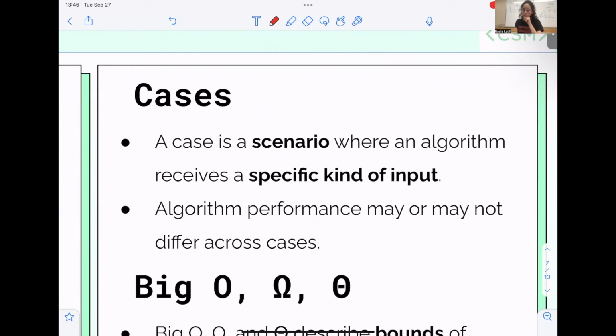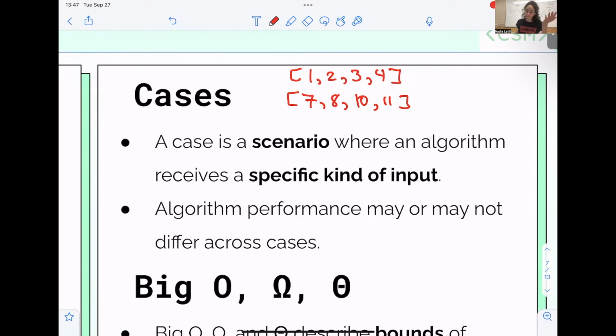Okay, so for the best case, let's say that we had a sorting algorithm. The best case would be when I receive input that is sorted, right? I don't have to even do any sorting. I just maybe have to check and see if it's already sorted, right?